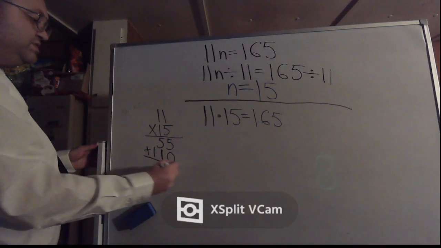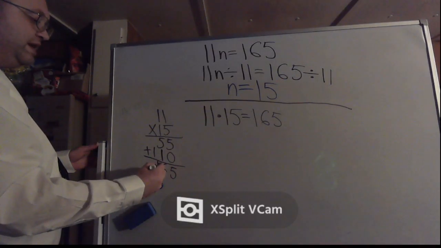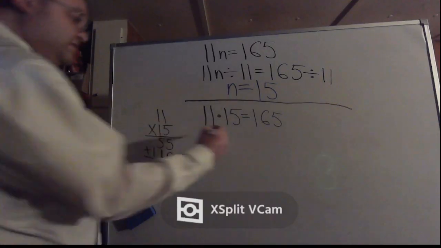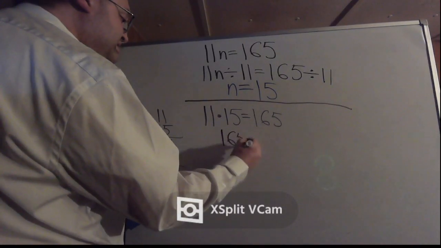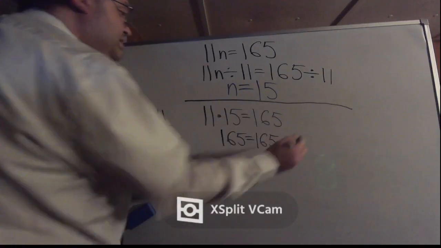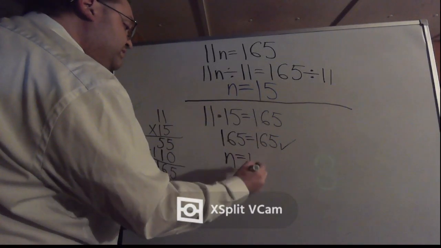Add these two rows together, you'll get 165. So yes, in fact, 165 on the left-hand side would equal 165 on the right-hand side, which therefore means that n equals 15.